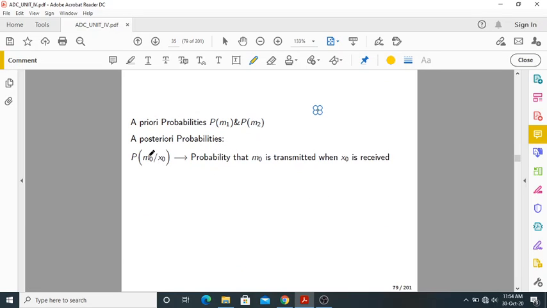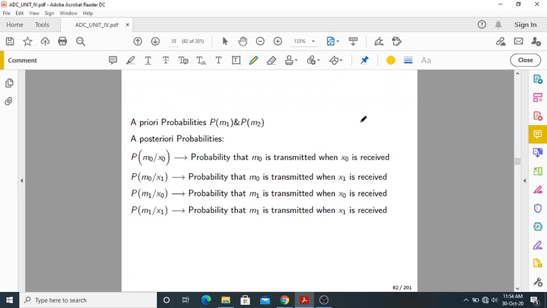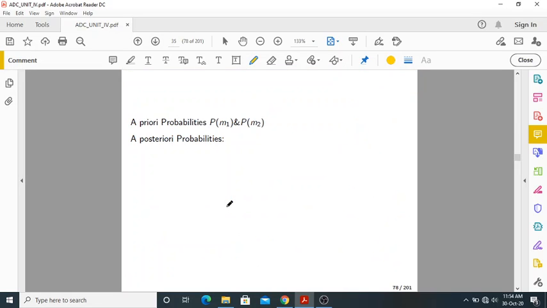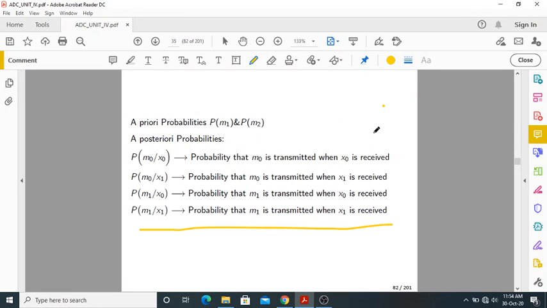Now, what are the a posteriori probabilities? These are the 4 a posteriori probabilities. Please remember, the 4 conditional probabilities we discussed earlier are called transitional probabilities. These 4 are called a posteriori probabilities.